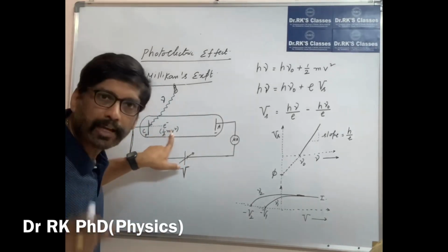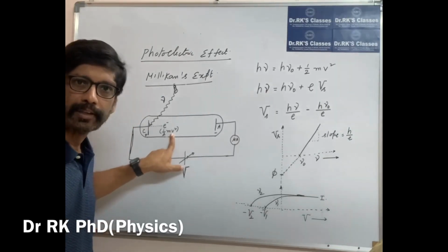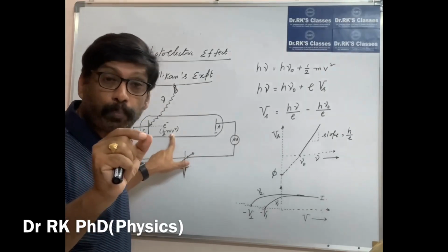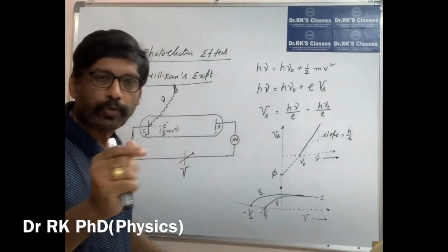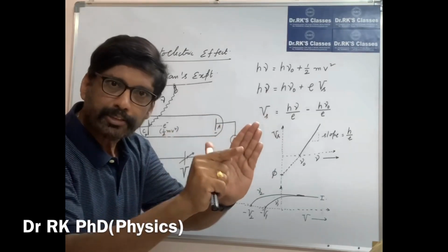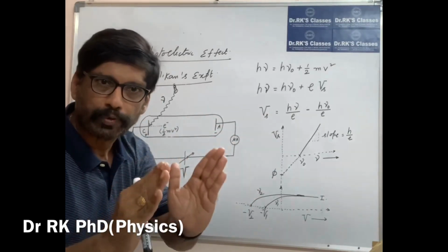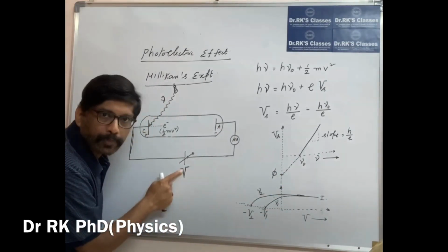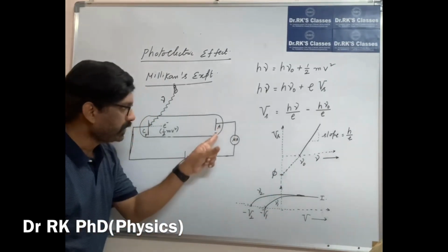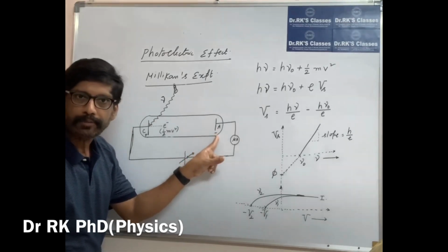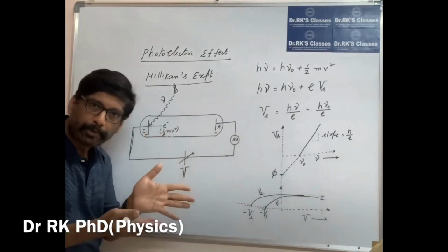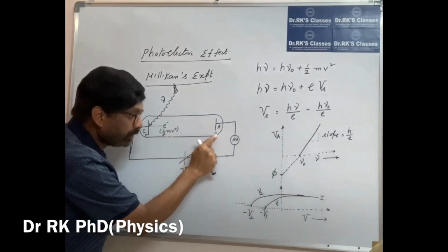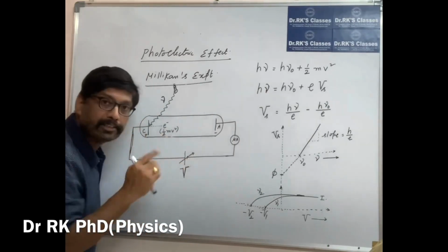Now I want to calculate the kinetic energy of this photoelectron. In electrostatics, the potential energy of an electron when you apply a potential difference is charge times potential difference, QV, while half m v square is the kinetic energy. Now I apply the potential in the reverse way. That means the anode is connected to negative and the cathode to positive. So as the electron moves towards the anode, its kinetic energy decreases.